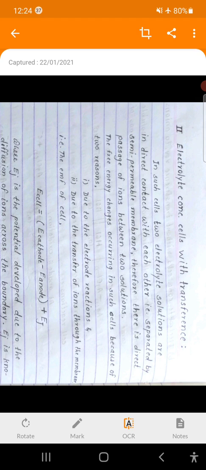Here, the EMF equations, cell reactions, and examples of electrolyte concentration cells we discussed were for electrolyte concentration cells without transference.